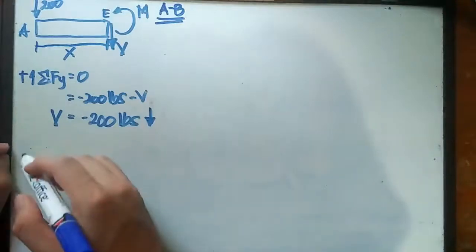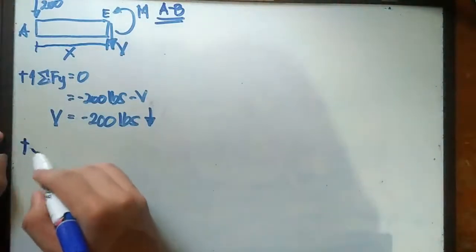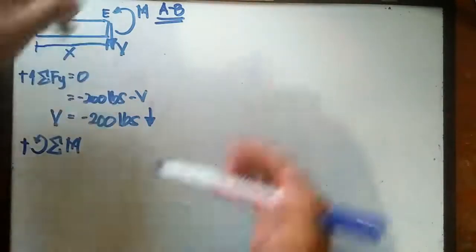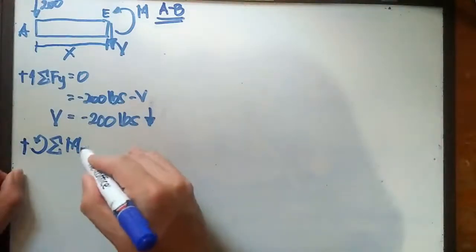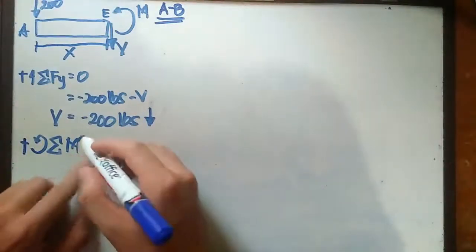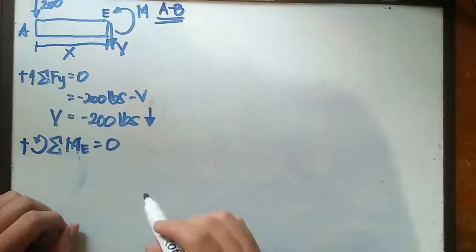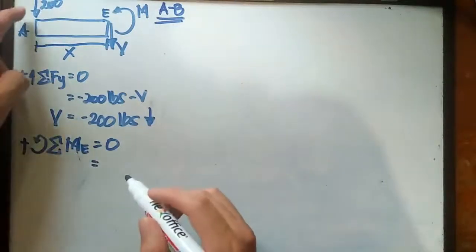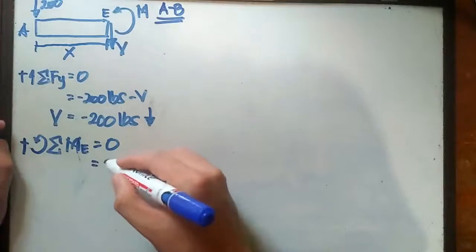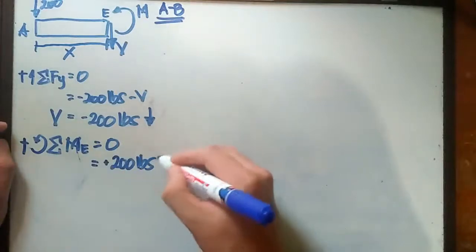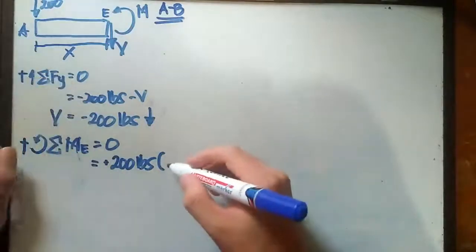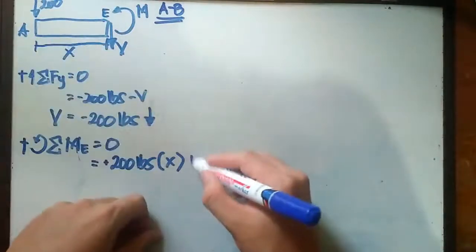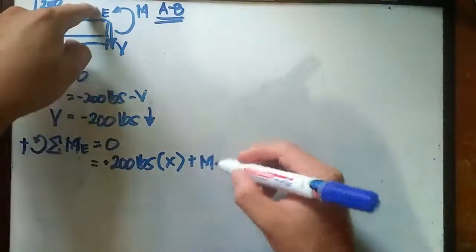So what I'm going to do here is to use the summation of moments rotating counterclockwise is positive at point E where we do the sectioning. So this is E, is equals to 0. Okay. So looking for all the forces that tends to rotate our structure. So we have this 200, so that should be positive 200 pounds. And then the rotation is counterclockwise, so that's why it's negative, and the perpendicular distance equivalent to X. And we have this positive bending moment at point E. Okay.